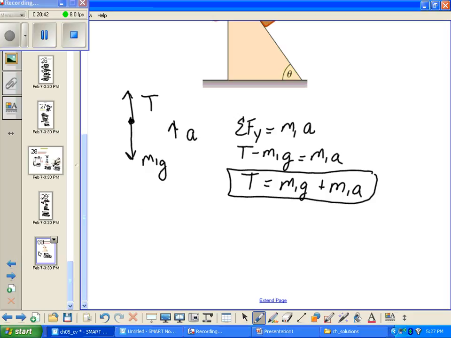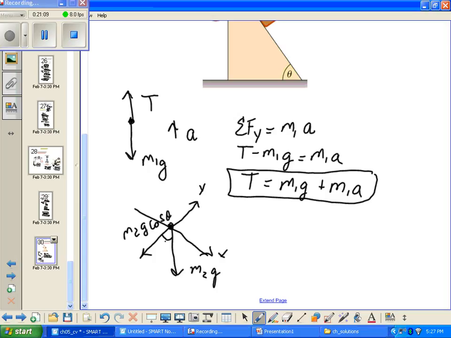Here we need to draw our incline, put our mass right here. Here is our y direction. This is our x direction. Here is gravity, m2g. Here is the component of gravity that's perpendicular to the incline, m2g cosine of theta.